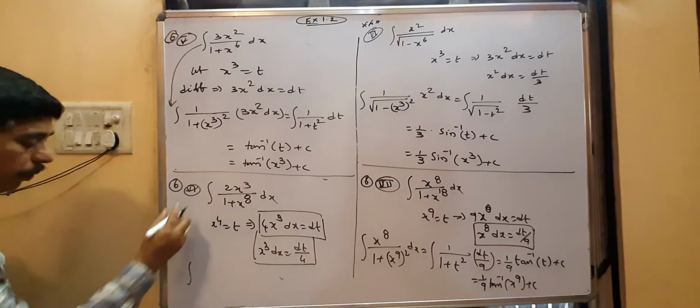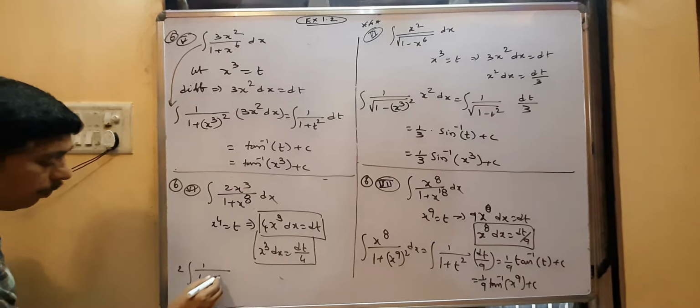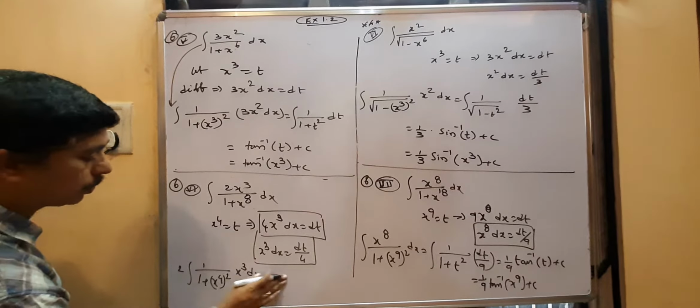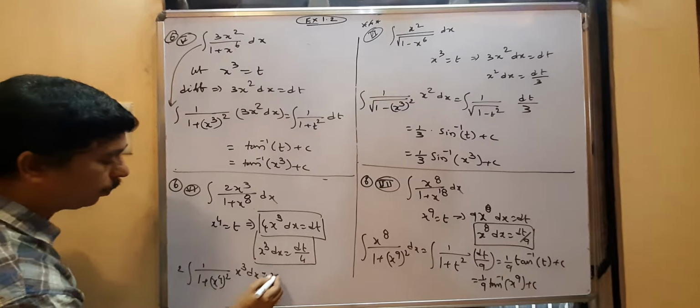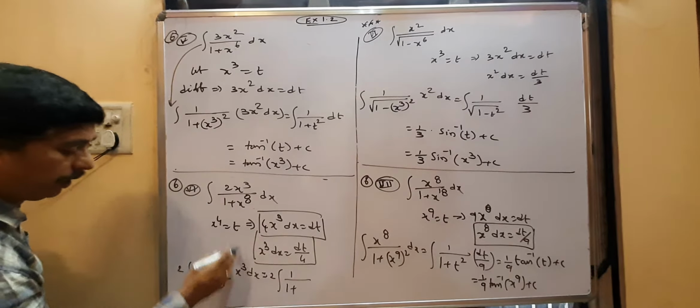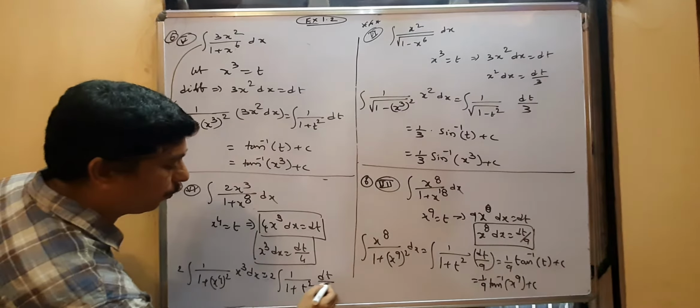Therefore, 2 take outside. 1 by 1 plus x power 4 whole square into x cube dx. So this is 2 times the integral of 1 by, 1 plus x power 4 is what? T. T square into dt by 4.